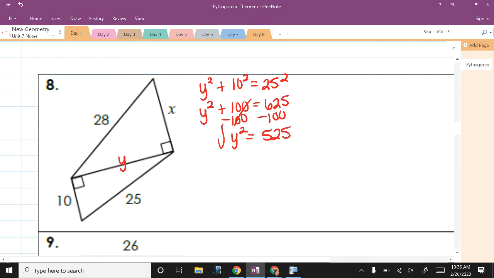And then I take square roots. So y is approximately 22.9. Very good. So I can fill this in here, 22.9. So now, how can we get x?